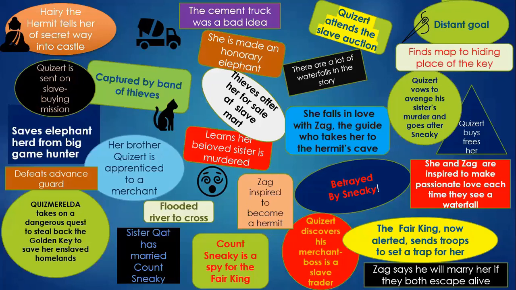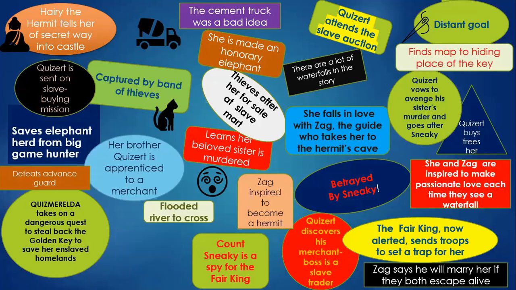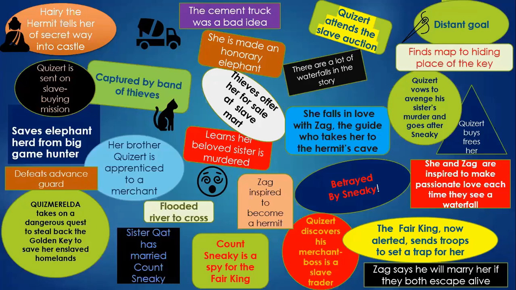So what are we going to do with it? One way to go about it is to remove the subplots, write them out as separate plots so that you end up isolating the main plot line. So let's find the first one, Sister Quat. We find out, if you can see that blinking black sign there, that Sister Quat has married Count Sneaky.